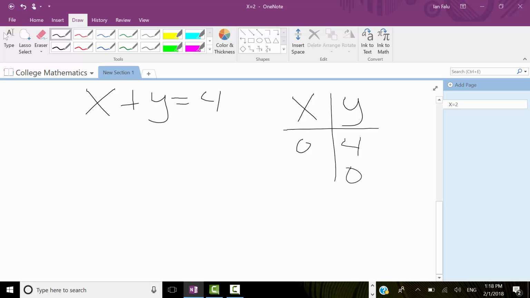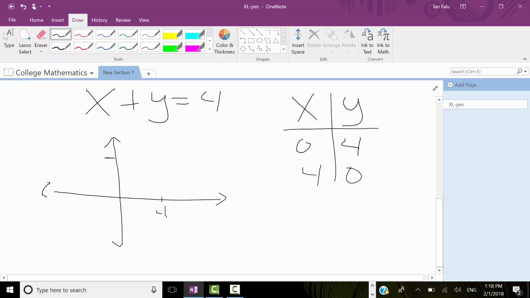If y is equal to 0, x is equal to 4, right? That's a way to draw this graph. So I can have here my x and y axis, right? So this is a 4, and then this is my other 4 for my y value, and the line basically is connected by these 2 points.